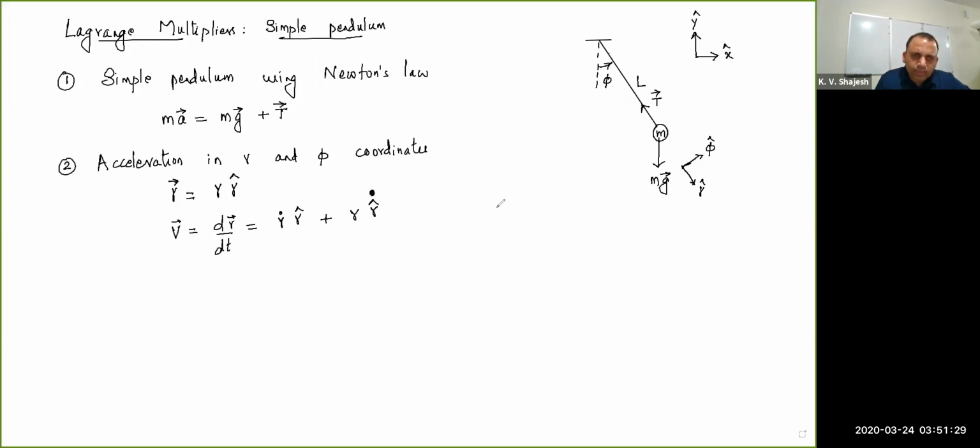And we realize that r hat dot is the change in the vector r hat. The change in the vector r hat is in the direction of phi hat, and it turns out that it is phi dot times phi hat.